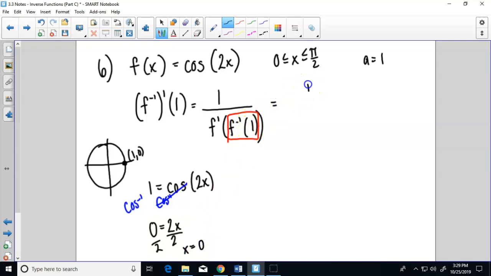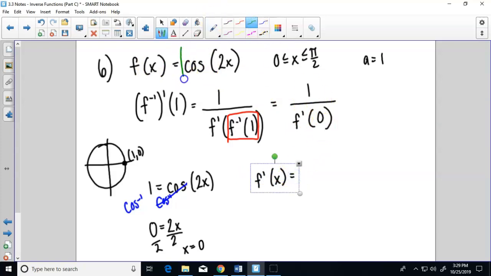So we're going to have 1 over f prime of 0. So now we have to find f prime. F prime of x is going to be, you have to use a chain rule for this. So your outside function is cosine.